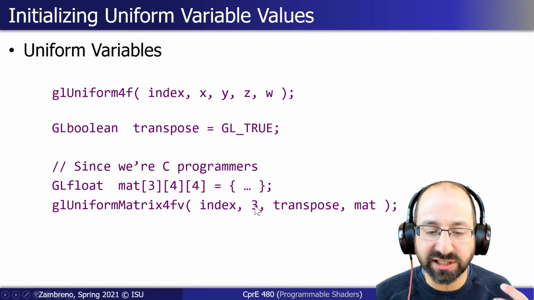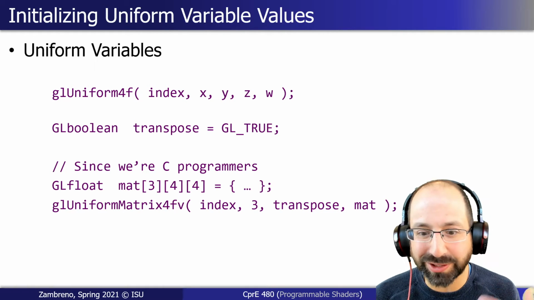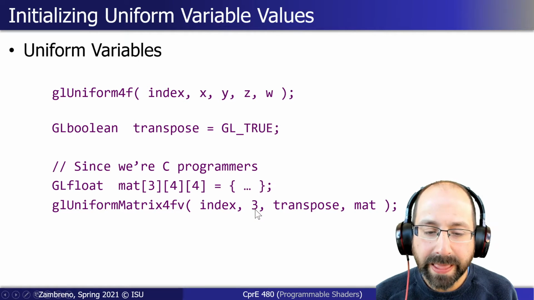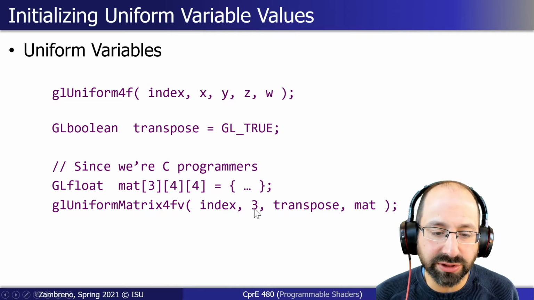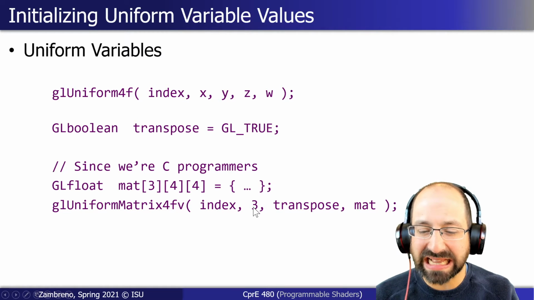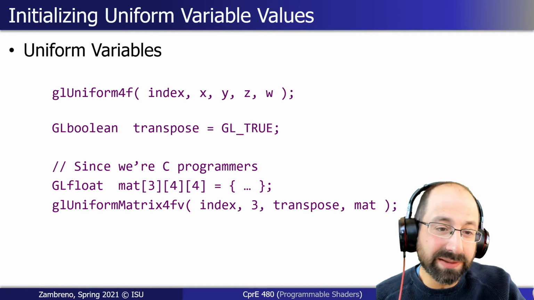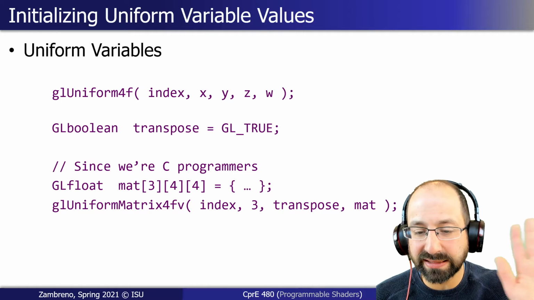And then it actually allows us to specify more than just one matrix at a time. We can actually specify a vector of matrices as well, and that's what that 3 is doing here. There's all sorts of reasons you would want to be able to do that, but for our purposes, I like keeping each uniform with a separate name for each matrix, and then specifying just one single matrix at a time.